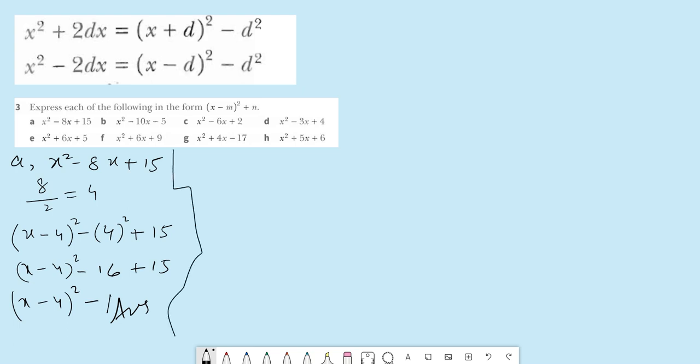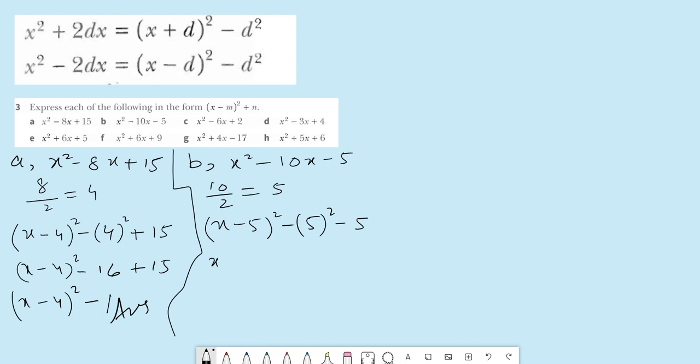Come to part B. Part B is x square minus 10x minus 5. Same steps we have to follow. What is the coefficient of x? The coefficient of x is 10. So we have to divide by 2. We will get 5. Then x minus 5 whole square minus 5 square, and this minus 5 remains minus 5.